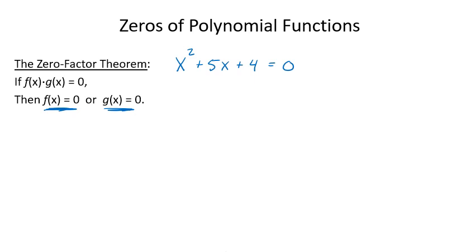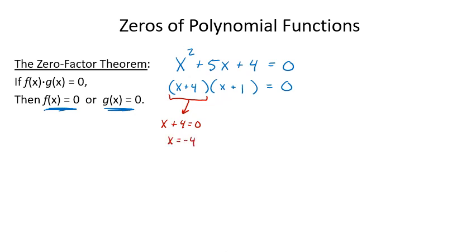One method for solving this is to factor and use that factored form to solve. In this case, this quadratic does factor. It's x plus 4 times x plus 1. And what the zero factor theorem tells us is that we could take each factor individually, set it equal to 0, and solve for x.